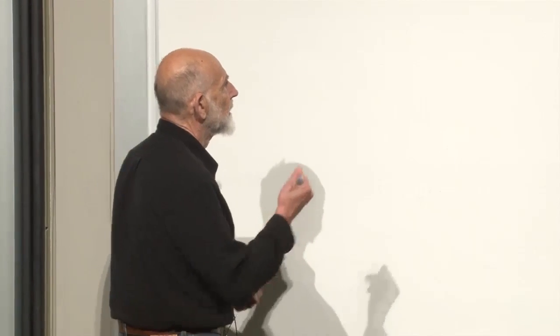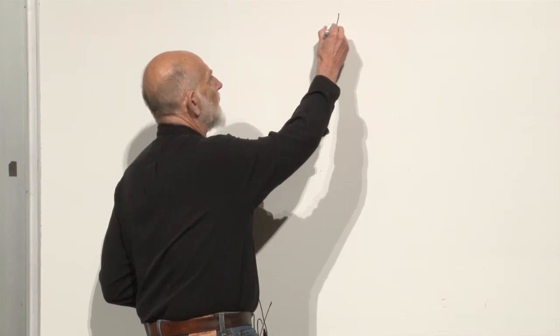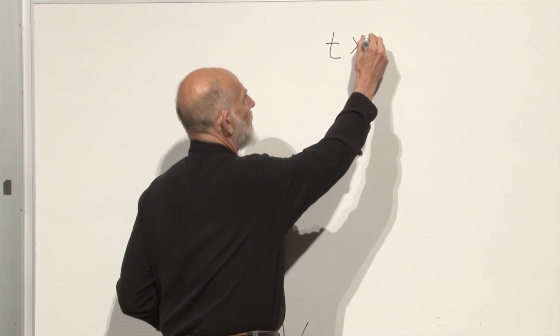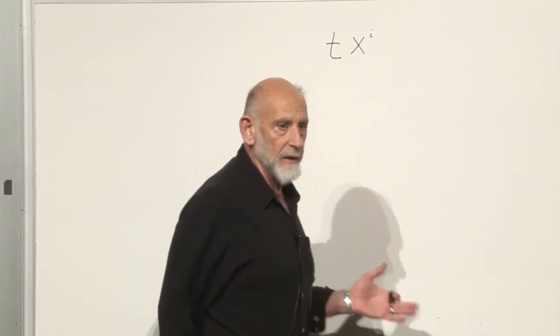But when we think about space-time, of any dimension, we think about one time dimension t and some number of space coordinates. Let's call them x^i, where i runs over however many there are.